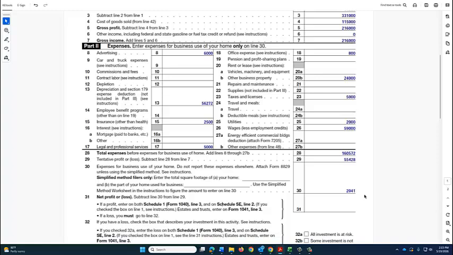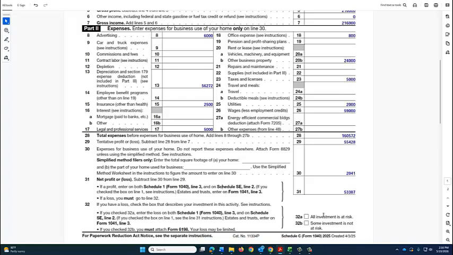So if we subtract the $2,041 from our tentative profit of $55,428, we'll get $53,387 as our profit.